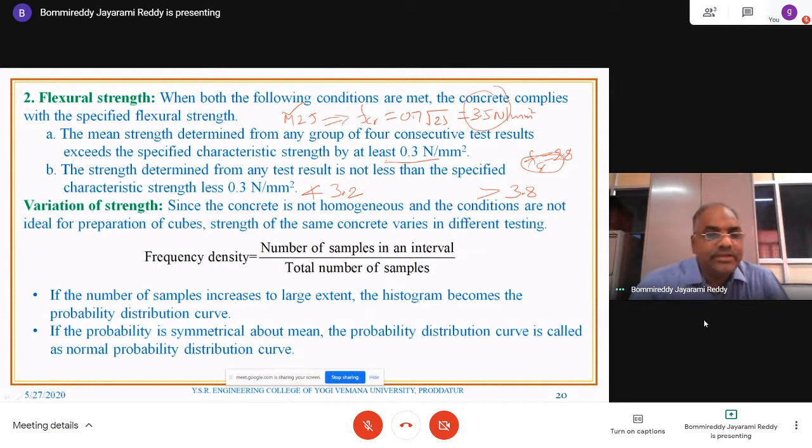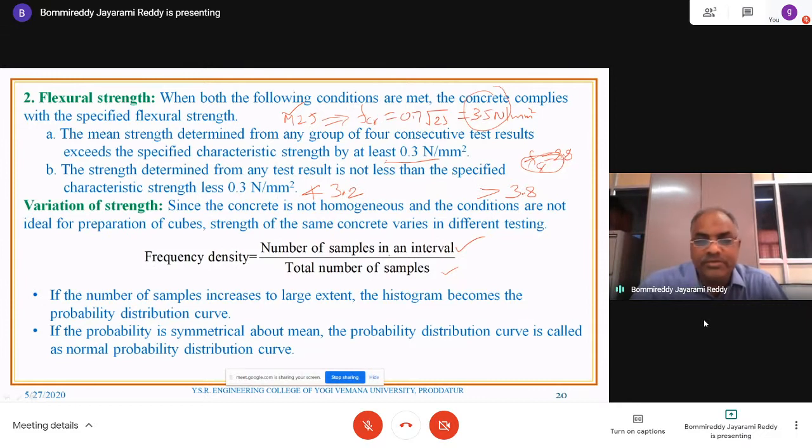Now, variation of strength. Normally statistical analysis is to be used for the analysis, and here what you do is frequency density. Frequency density means number of samples in an interval divided by total number of samples. So how much frequency the samples are to be tested will be obtained using this formula.